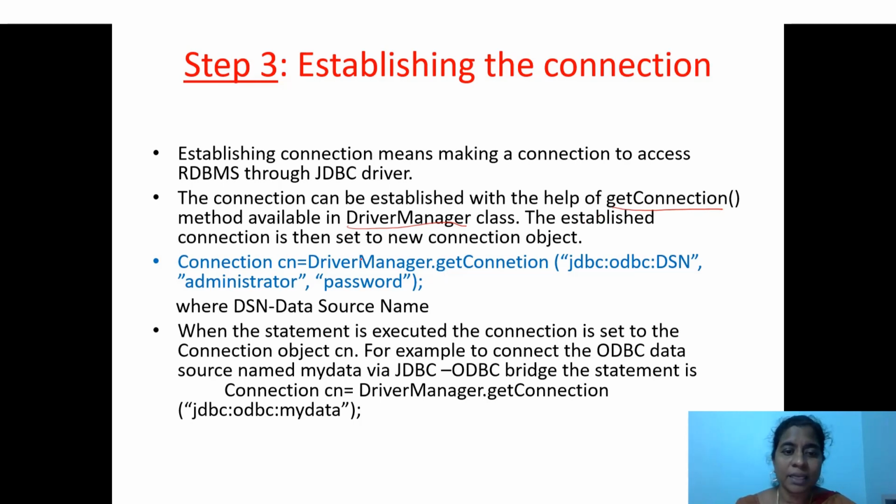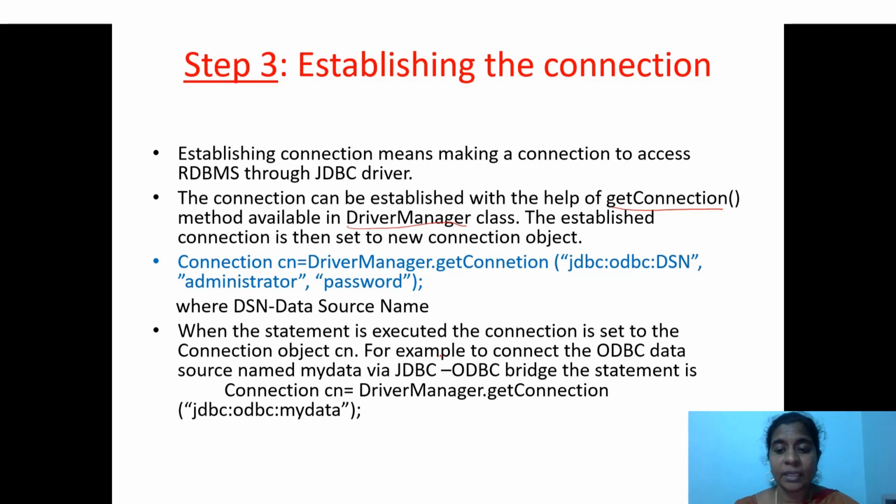And the established connection is then set to the new connection object. So you have to create a connection object, and then using that getConnection, you have to set the connection, where DSN is the data source name. When the statement is executed, the connection is set to the connection object. So here the object name is cn.